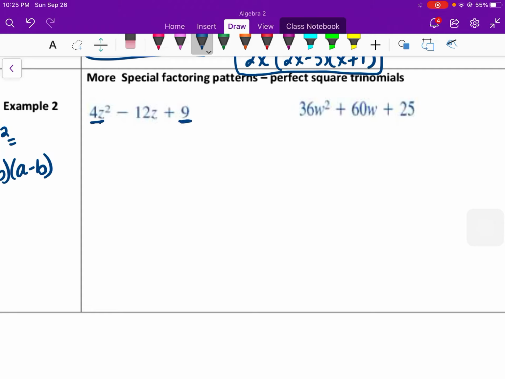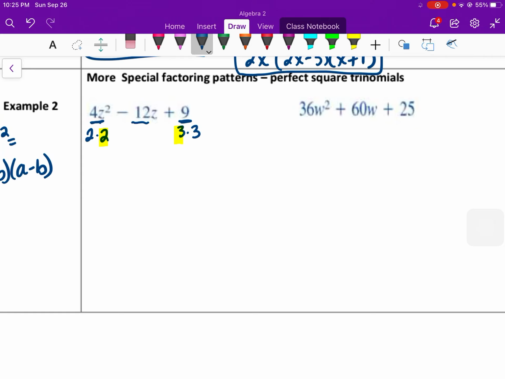So the first and last terms have to be perfect squares. Like this one, 4 is 2 times 2, and 9 is 3 times 3. And then if you multiply 2 times 3, you get 6, and in the middle you have 12, so you have double it.